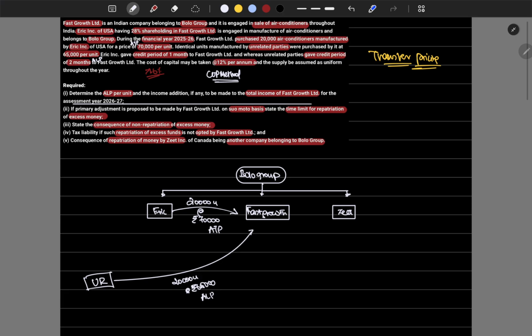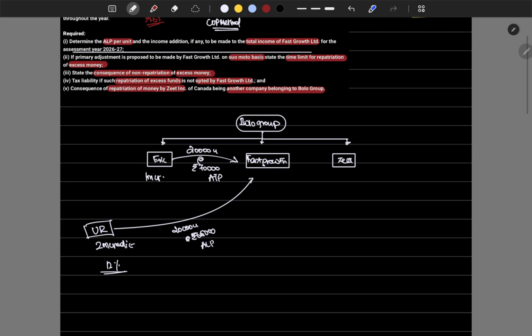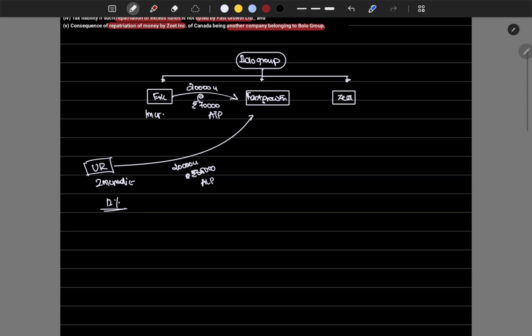Now, what is the functional adjustment given in the question? Eric is giving a 1 month credit period, the unrelated party is giving a 2 month credit period, and the interest rate on that credit period is 12%. So we have to find out the actual arm's length price. The comparable price is rupees 65,000, the price from third parties.